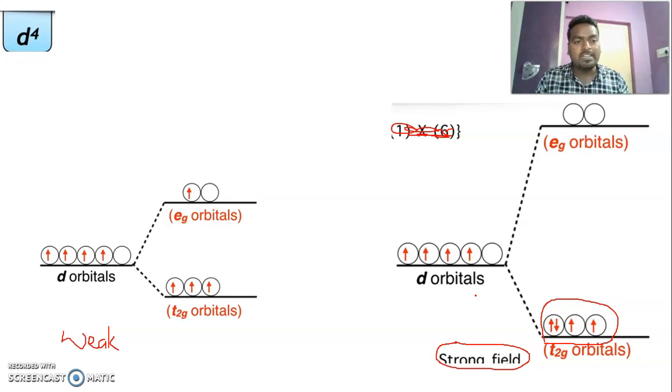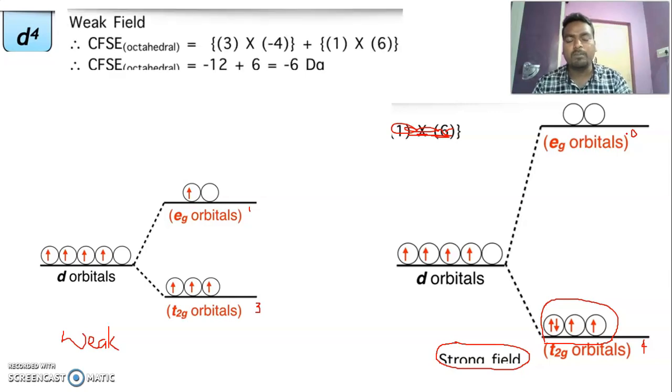That's why it doesn't follow Hund's rule, and electrons enter the t2g orbitals. So the electronic configuration in this case is t2g3 eg1, and in this case t2g4 eg0. Then let us look at the CFSE of this complex.